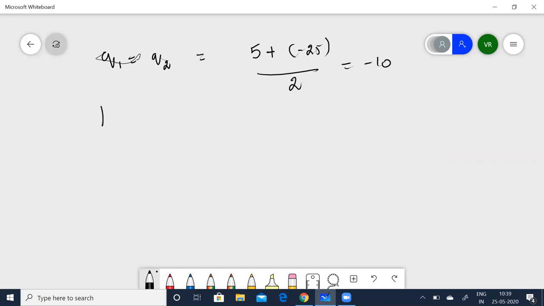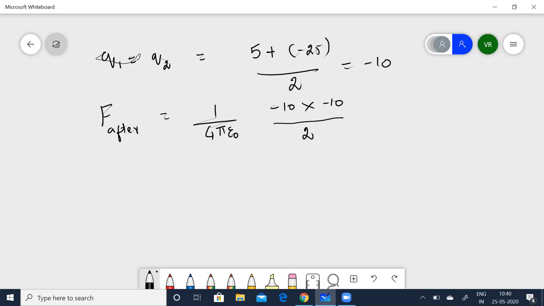Now the force after contact is 1 by 4 pi epsilon 0 into minus 10 into minus 10 divided by r squared.